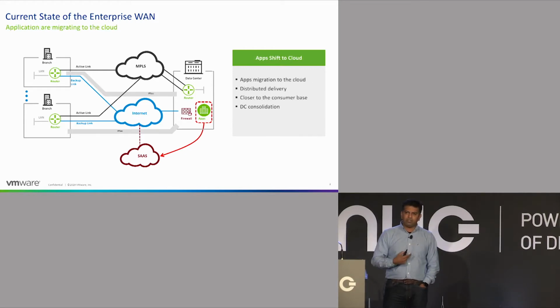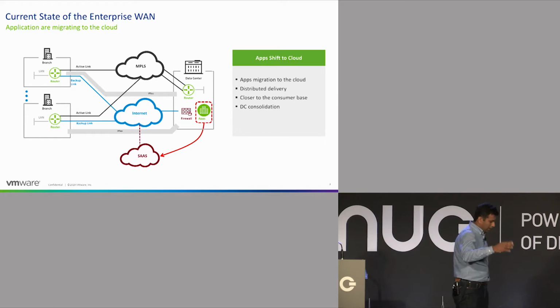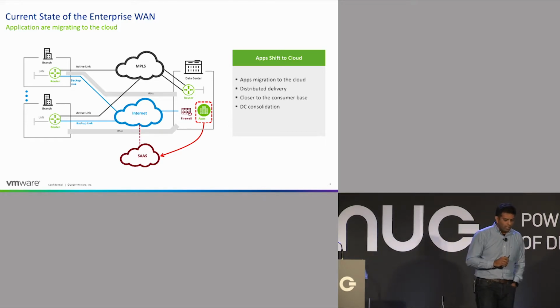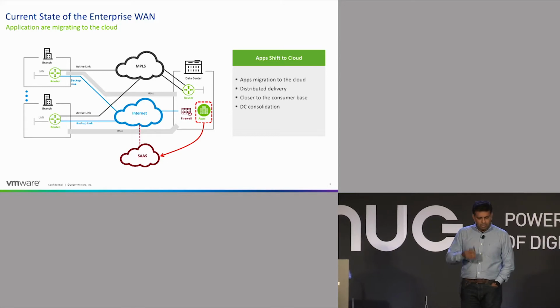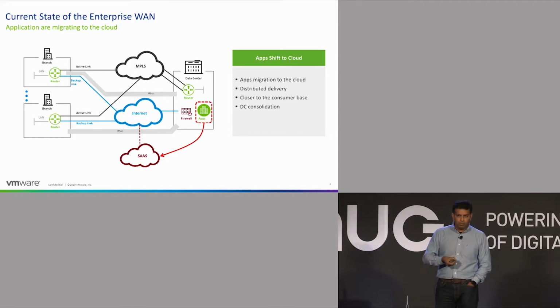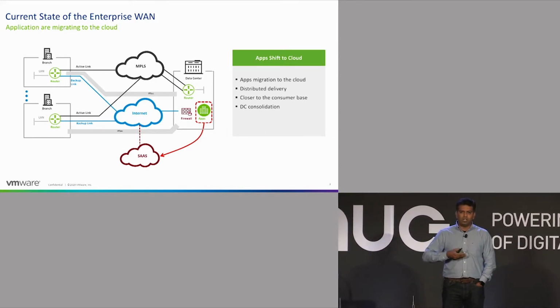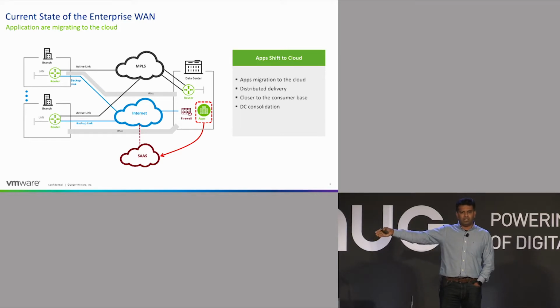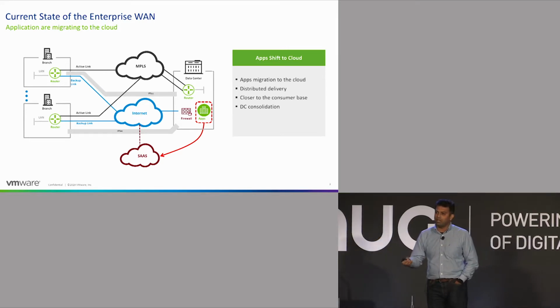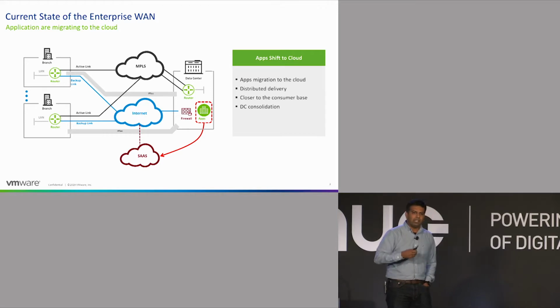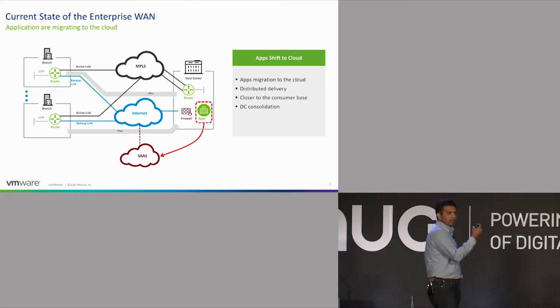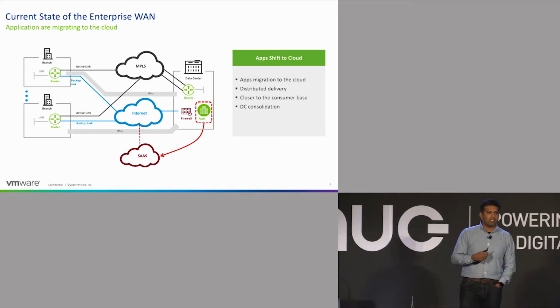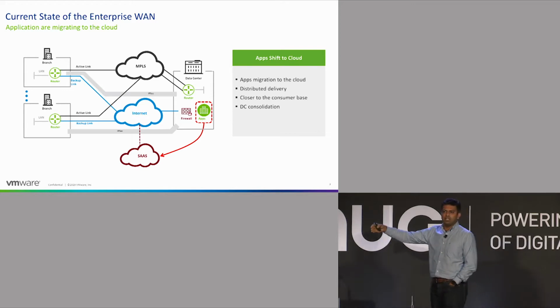With the advent of cloud computing and software as a service, the applications which were centrally hosted in data centers are moving towards the cloud. So there comes a point where backhauling users all the way to the data center is not an efficient mechanism anymore. They need to go out to the internet to access these cloud-hosted applications directly out of the branch sites.